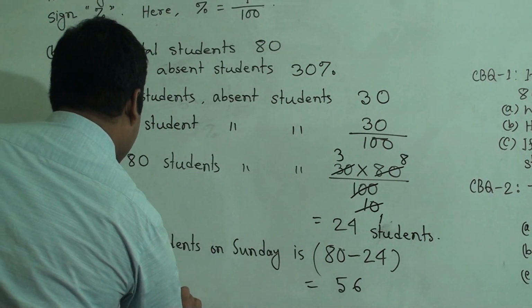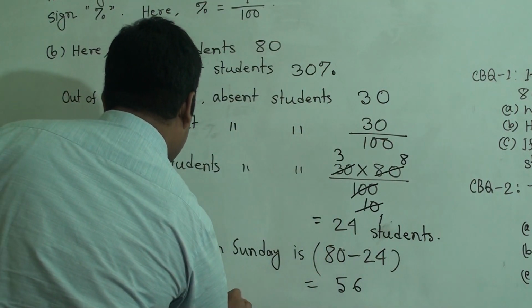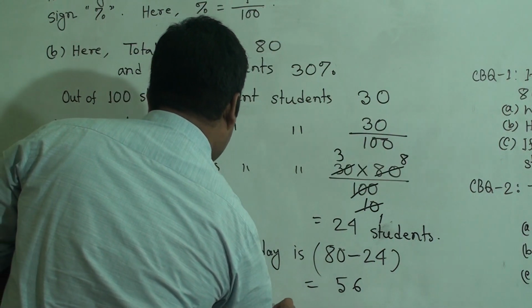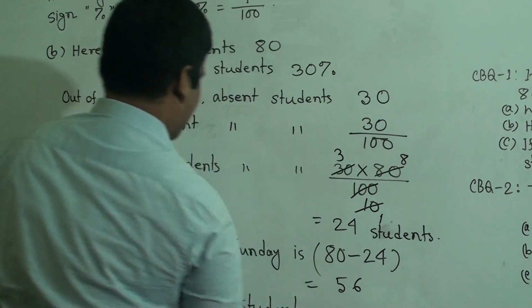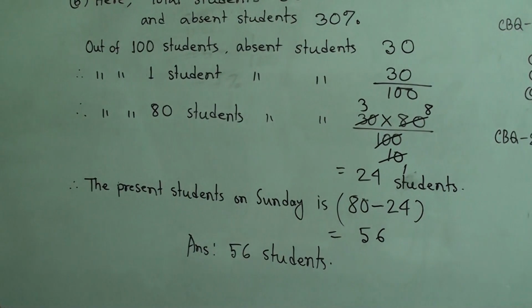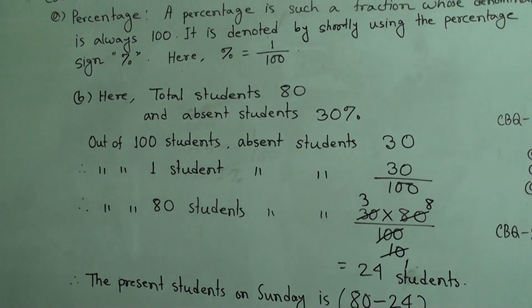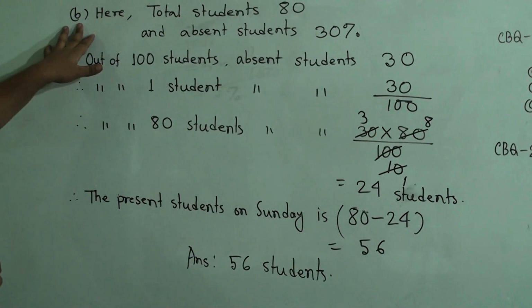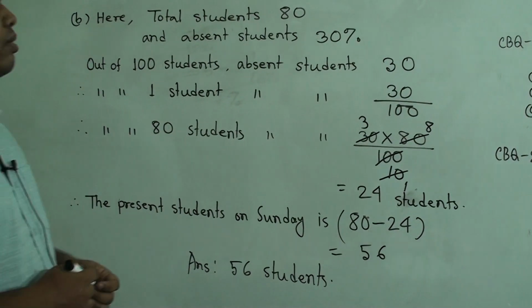And present students are 56 students. Dear students, I hope you have understood. So this is question number B, and now we shall solve question number C.